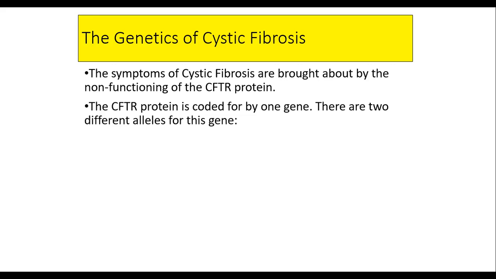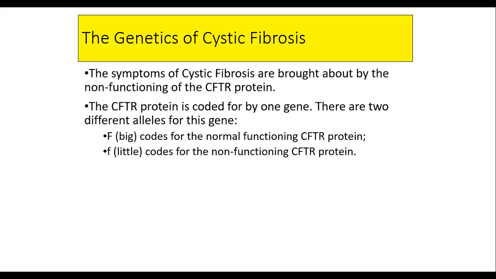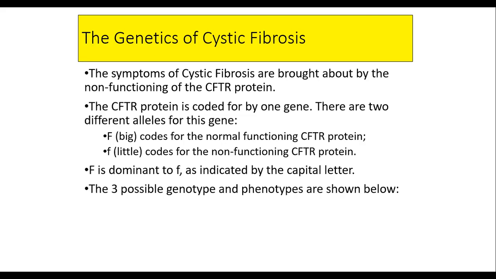The CFTR protein is coded for by one gene, and there are only two different alleles for this gene. Capital F, our dominant, codes for the normal functioning CFTR protein, and lowercase f, recessive, codes for the non-functioning CFTR protein. Capital F is dominant to recessive f, as indicated by the capital letters.